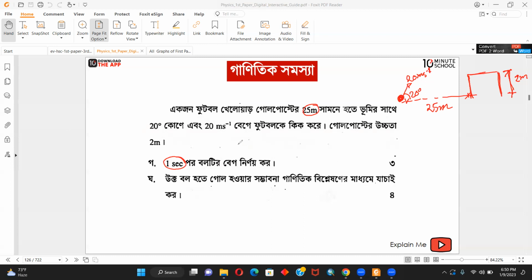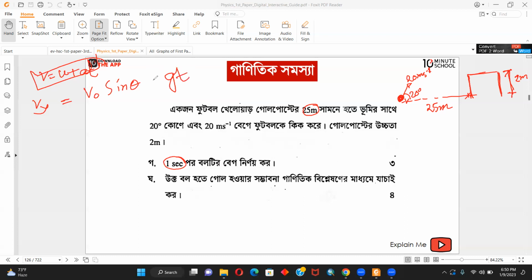First things first, what did we calculate? v equals u plus at. This was our equation for linear motion. Based on that, vy, the vertical motion after 1 second, will be v0 sine theta, plus or minus?